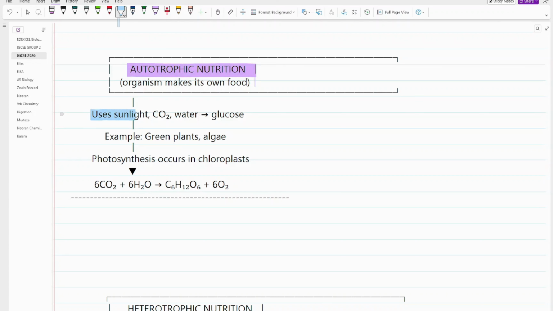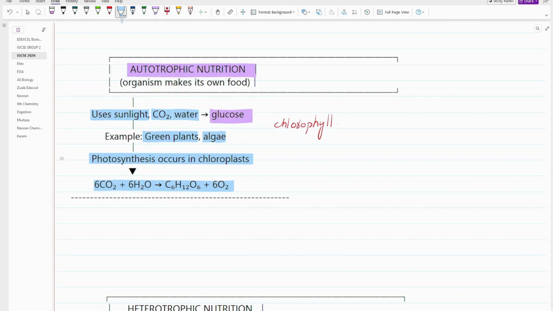They use sunlight, carbon dioxide, and water, and generate the food, that is glucose. This happens usually in green plants and algae. Or generally you can say any organism which possesses chlorophyll can have the autotrophic mode of nutrition. In this process, photosynthesis occurs in the chloroplast. This is a chemical reaction that we already have discussed in detail in the last chapter.